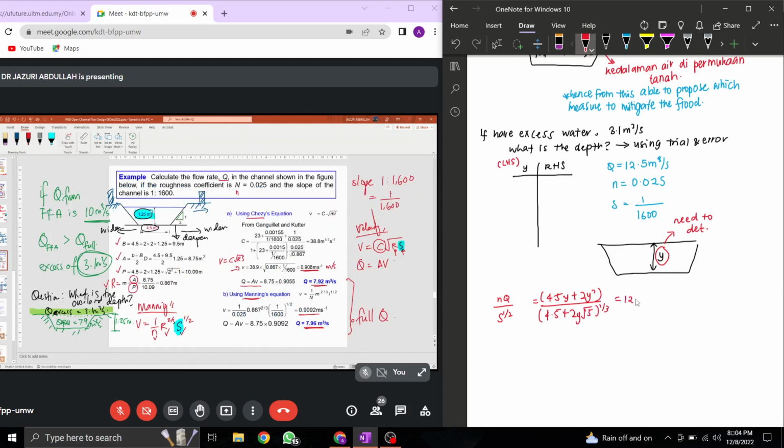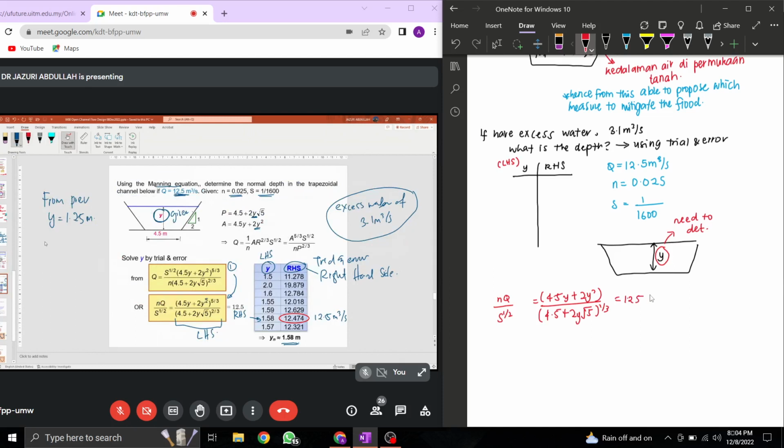And then sekarang ni y new is 1.58 meter. Okay, so this is basically from Q previous, so the Q is 7.9 meter cube per second, and this is the Y new for Q equal to 12.5 meter cube per second.